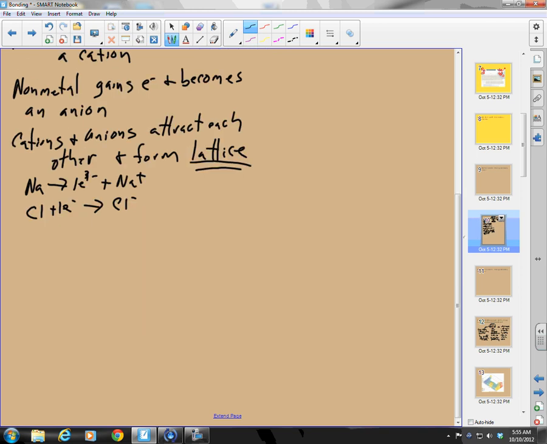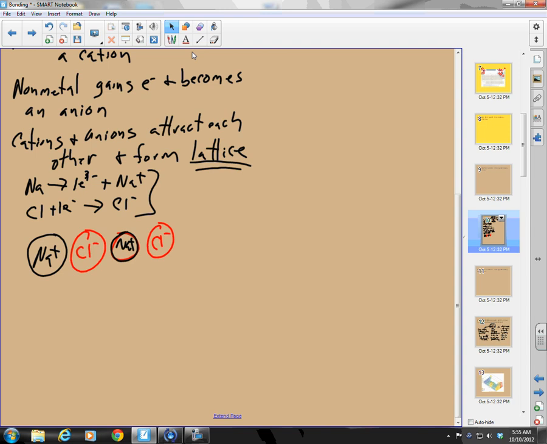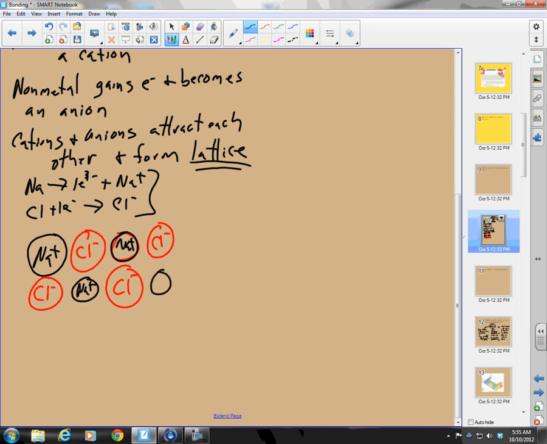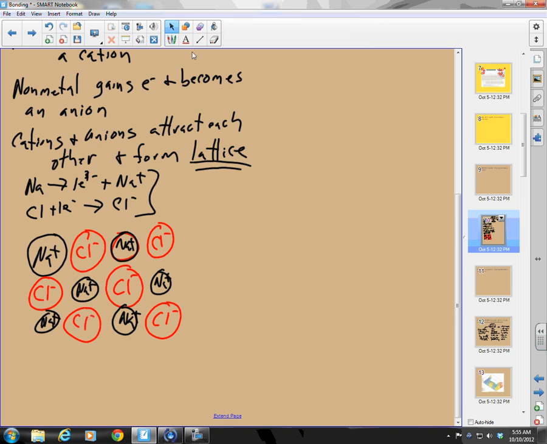But I don't just have two of these guys. I have a whole bunch of them. So I would have an Na plus, attracted to a Cl minus, which is attracted to an Na plus, which is attracted to a Cl minus, and there's another Cl minus attracted here, and another Cl minus attracted here, and then an Na plus attracted to these Cl minuses, and I get a whole big network of positive and negative ions, and this is what we call a lattice.